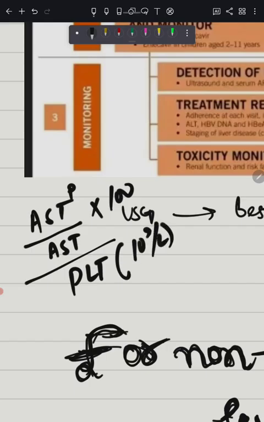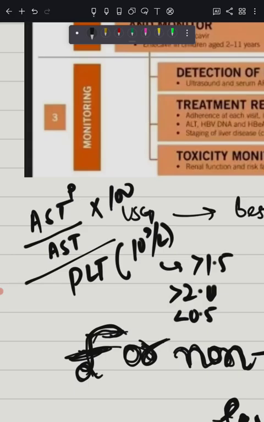If the value comes more than 1.5, it suggests significant fibrosis, and if it is greater than 2.0 then it's likely cirrhosis, and if less than 0.5 then fibrosis is unlikely. So low platelet means portal hypertension, fibrosis, simple, elegant and direct flow.